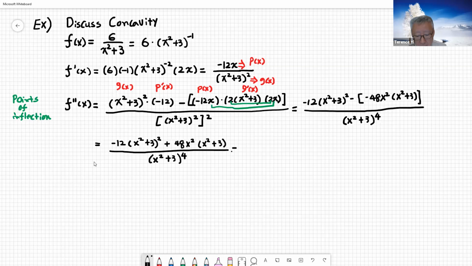Now let's look at the numerator up here. If you look at these two terms over here, this one and that one, we can take out the x squared plus 3.